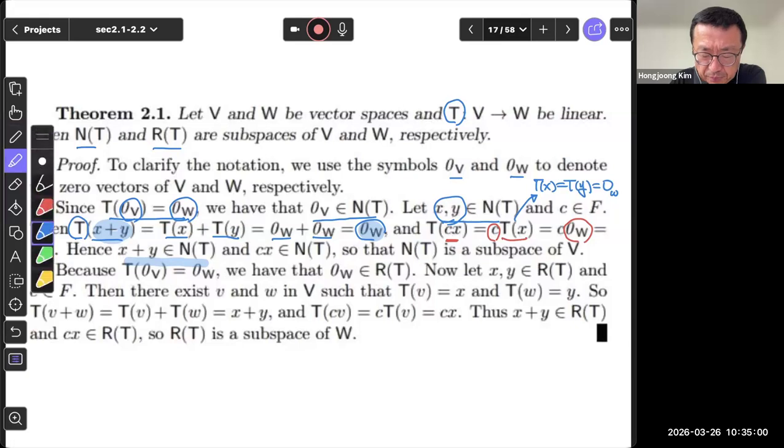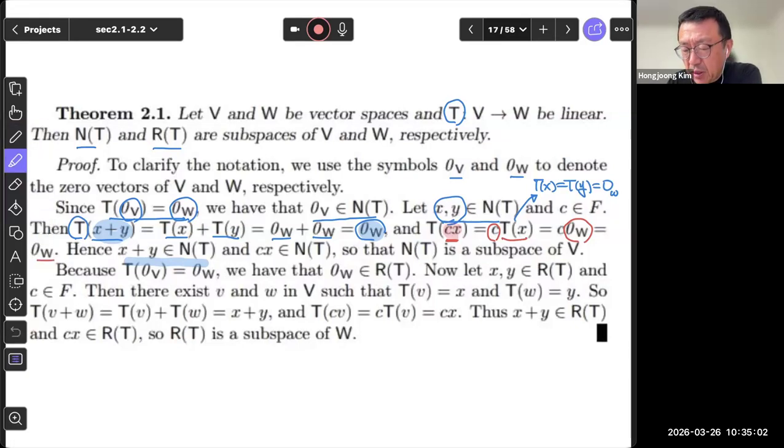Meaning, given this cx, if you apply T, you get the zero vector. That means cx is also in the null space, so the null space is a subspace because it is closed under the addition of arbitrary vectors and arbitrary scalar multiples.